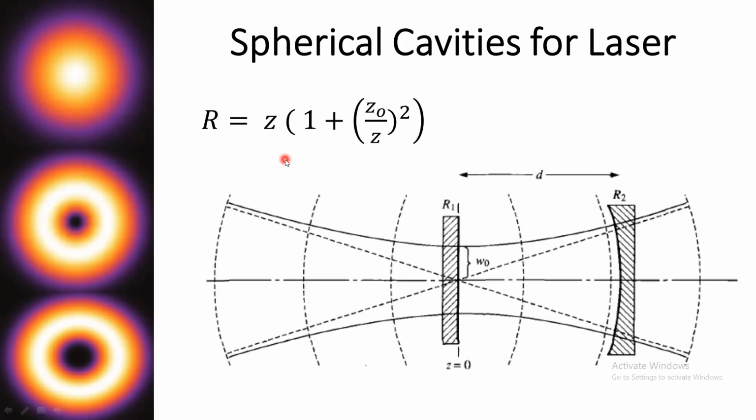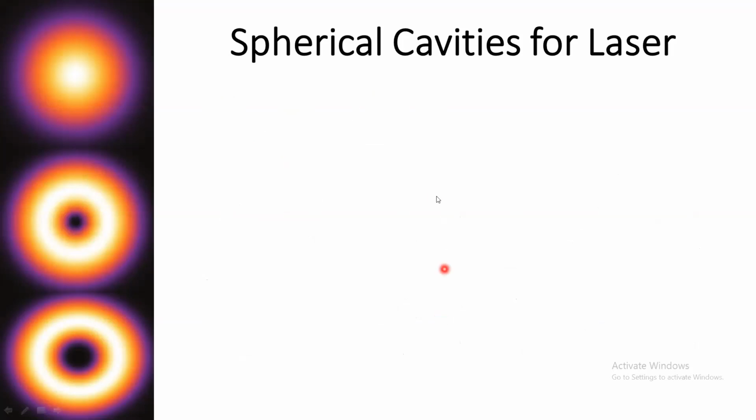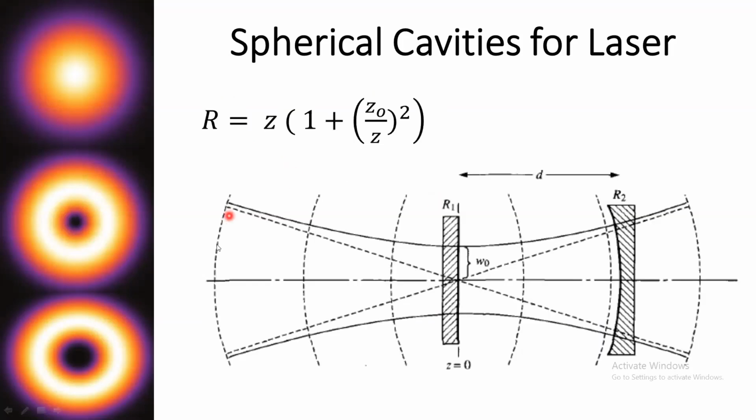We will implement the same. We will make the mirror designed with the same radius the signal is coming with, which is this R variation. So simply, it's better to make a spherical mirror rather than a planar mirror in order to make a better reflection for the signal.